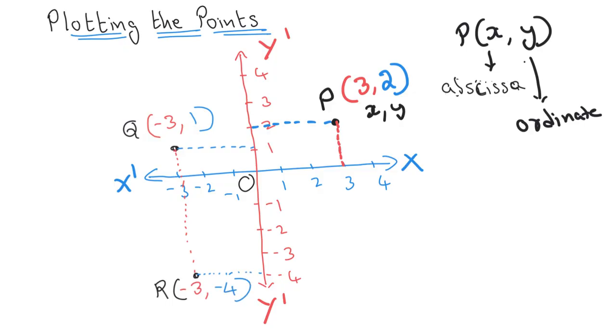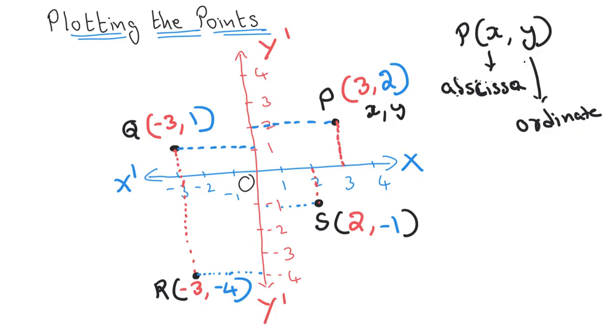So the coordinates of the point R are -3, -4. So what can you tell about the coordinates of the point S? Go ahead. Is it 2, -1? Understand?